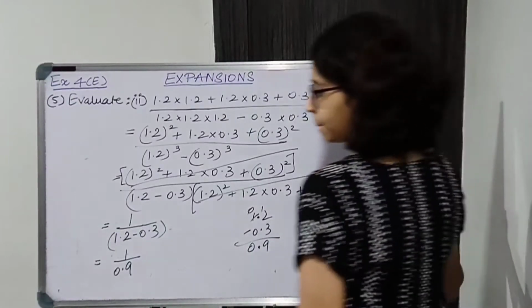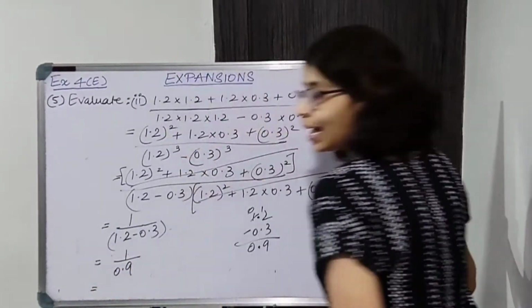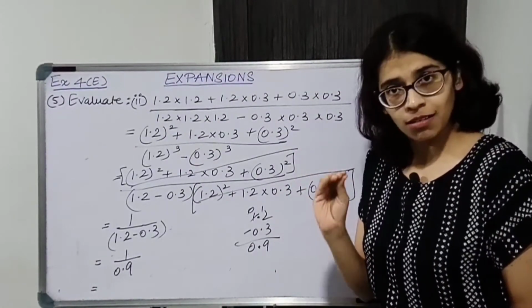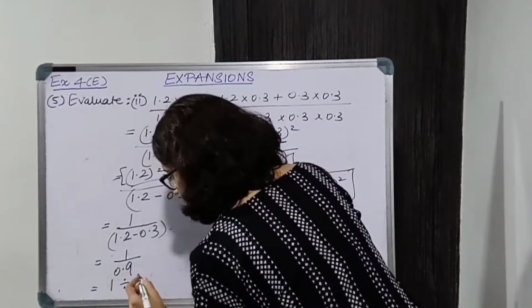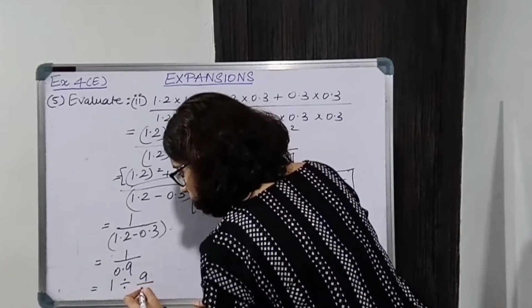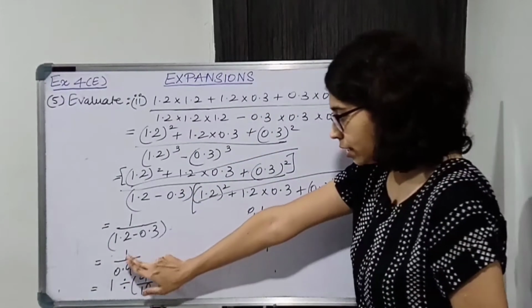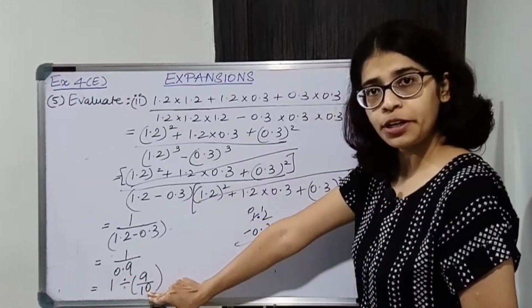Okay, so 1 upon 0.9, I can write 0.9 as 9 upon 10. Okay, so 1 divided by 0.9 is nothing but 1 upon 9 upon 10. I am writing it like this.